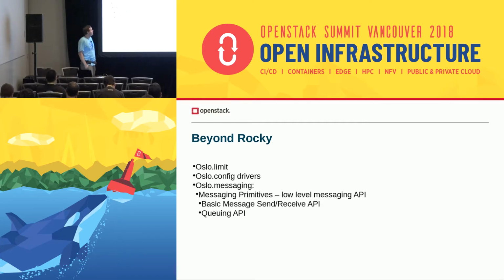For Oslo messaging, we have the messaging primitives, and that's actually going to be a separate API in Oslo messaging. So right now we've got the notifications API and the RPC API.